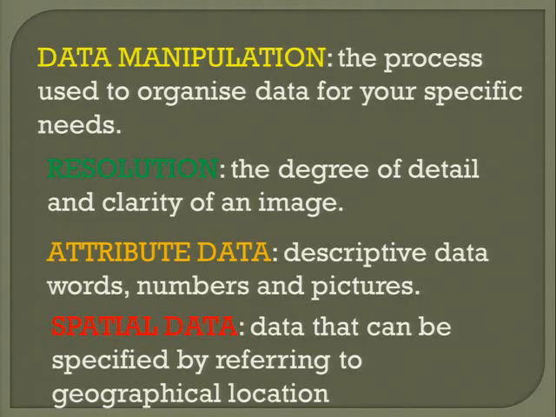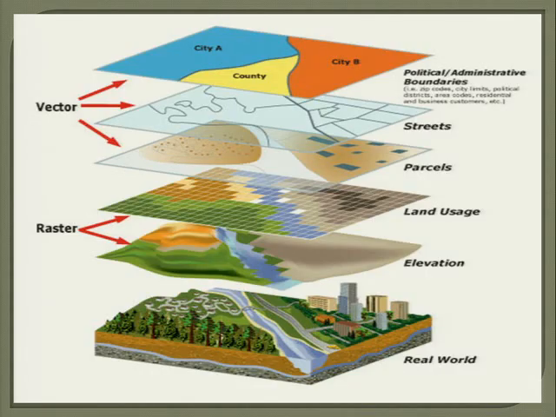I want us to go deeper into these concepts by talking about the thematic layers. Every time you look around the towns, you'll find that you've got a complete town. This is the real world. But before you had a complete town, GIS has been used to put on layers or thematic layers, where you'll start to find that you've got the raster, which is in the form of pixels, where you have the elevation, your terrain.